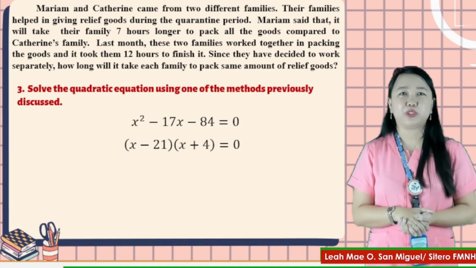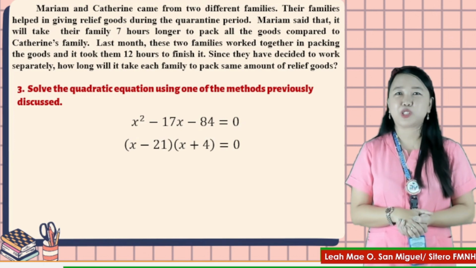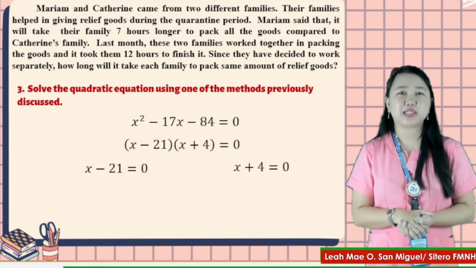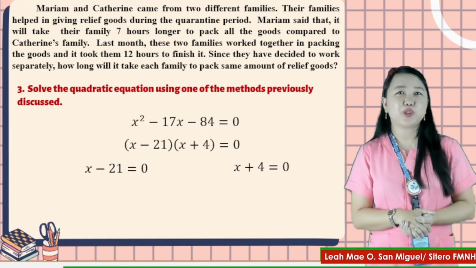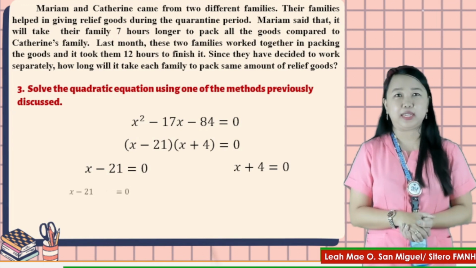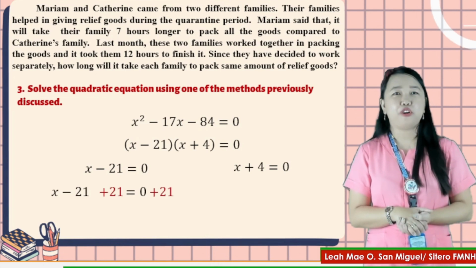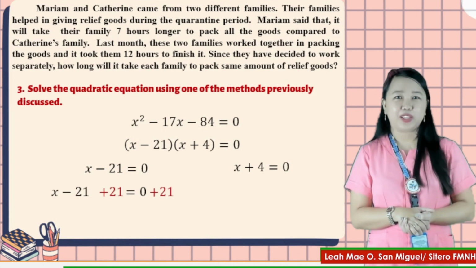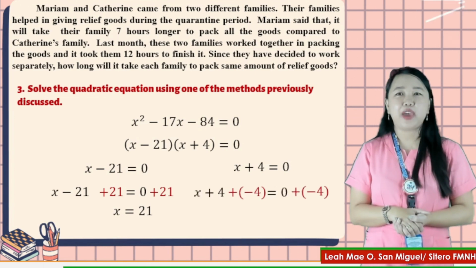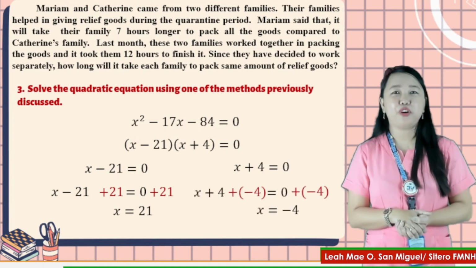Equating each binomial to 0, x minus 21 is equal to 0, and x plus 4 is equal to 0. Solving each equation by using the addition property of equality, one value of x is 21. The other value of x is negative 4.